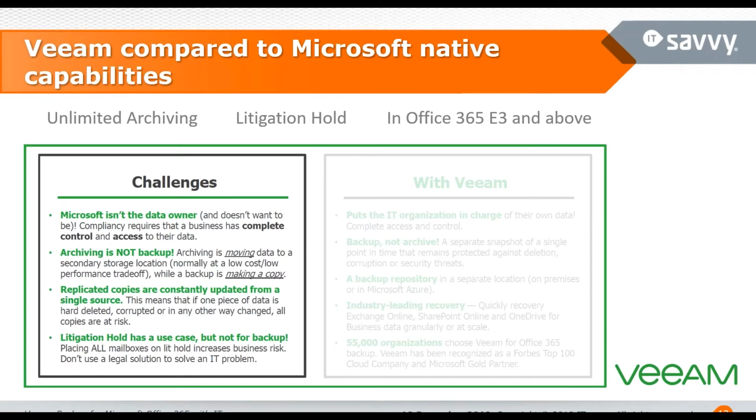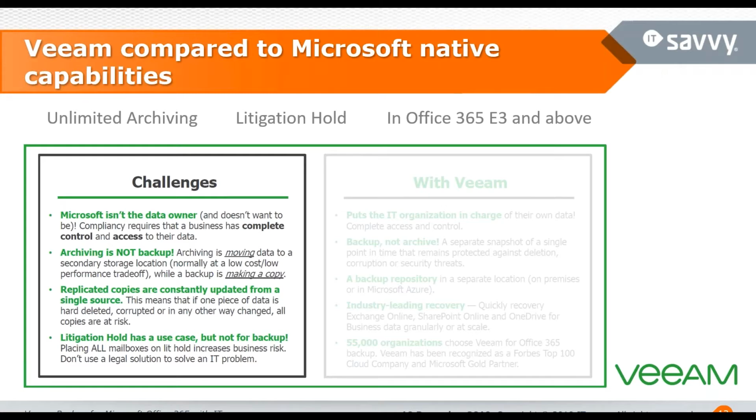The other thing I want to really touch on here, because it was on the previous slide talking about archiving, and it seemed to go on and on, is that the archiving feature is not backup in Office 365. It's simply the idea of older data being put on a secondary storage location, which is actually what happens in Office 365. By default, provided you've turned on archiving, anything older than 2 years is automatically moved, meaning it's no longer in your inbox anymore.